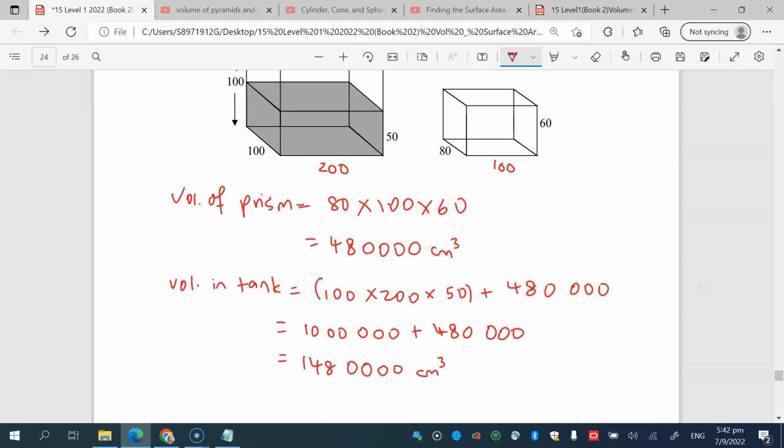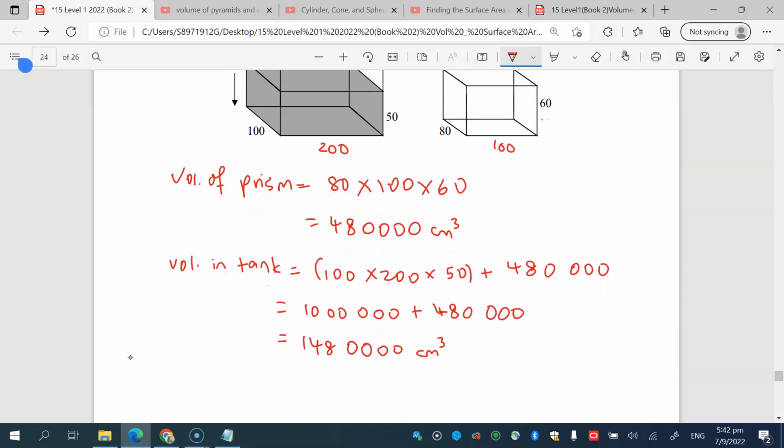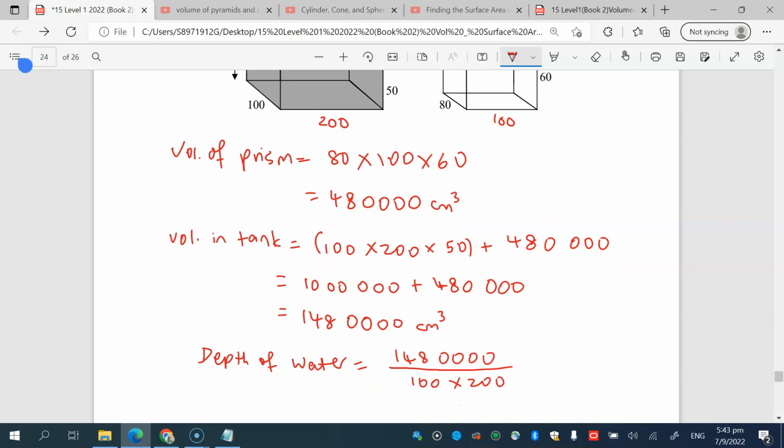So you want to find the new height, right? You just divide it by the area of the base. So the new depth of water will be 148,000,000 divided by 100 times 200, right?